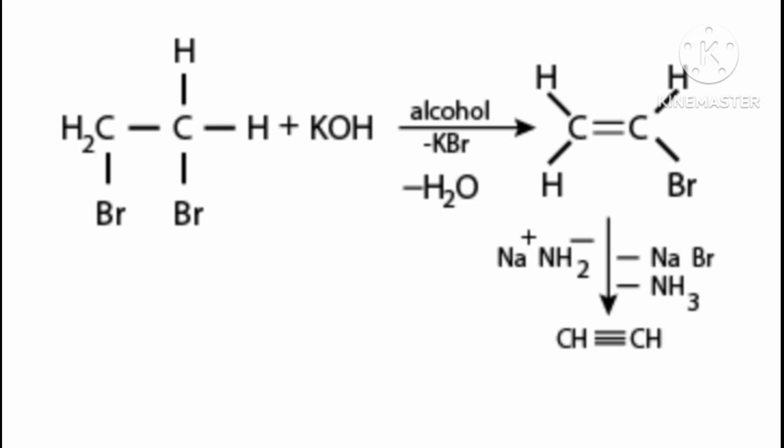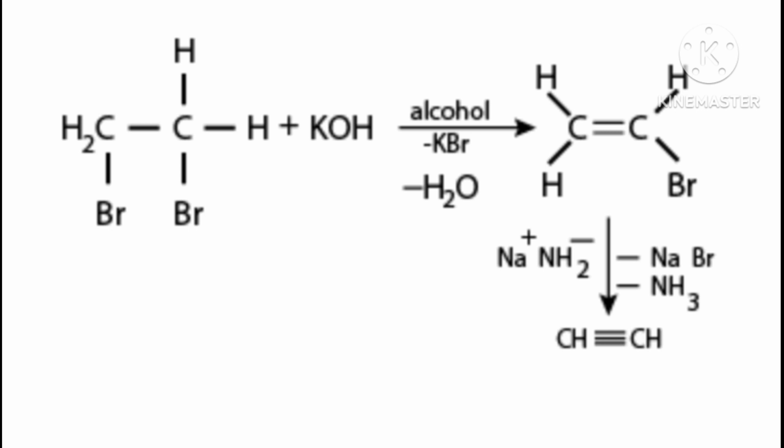Here, the C≡C triple bond is there, and you know that sp hybridization is there. In alkane it is sp3, in alkene sp2, and in alkyne sp hybridization. Then carbon is making a bond with hydrogen.